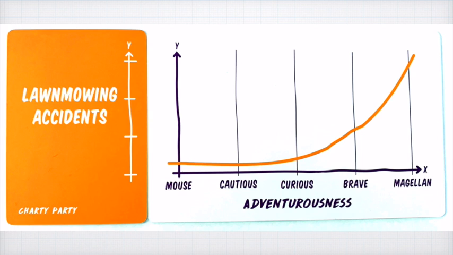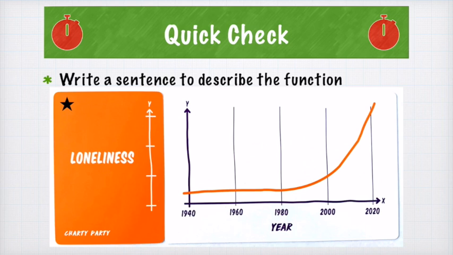He didn't make it, but his ship did, so there's at least a plus. He was really adventurous. And the way that we'd phrase it is lawn mowing accidents as a function of adventurousness. So we could say that as our adventure goes up, the likelihood of getting into a lawn mowing accident also increases.